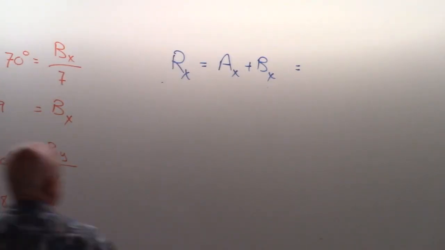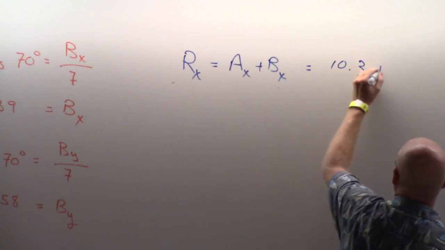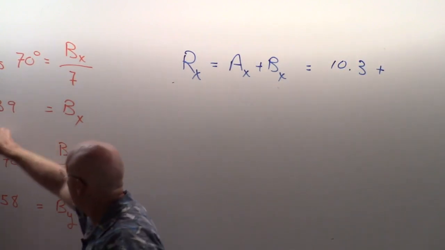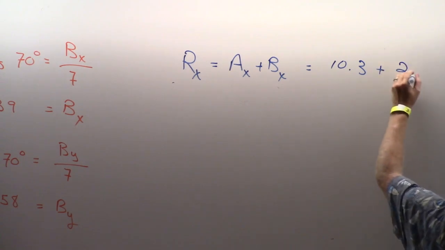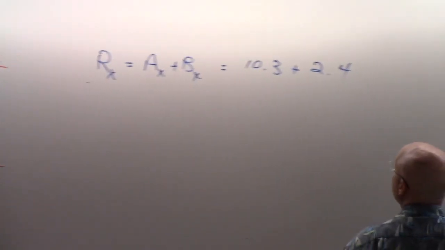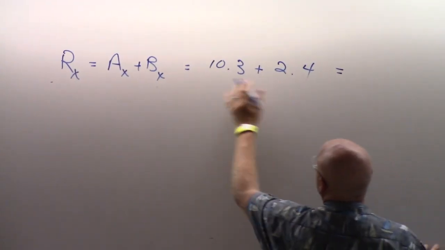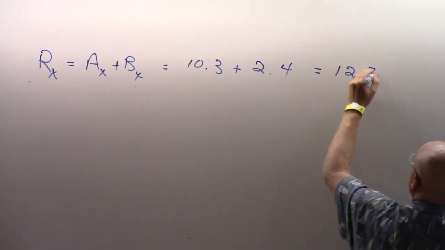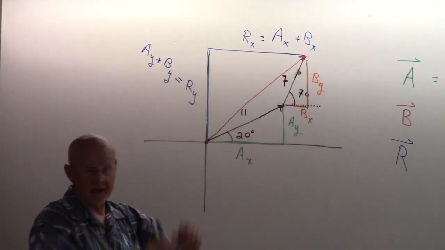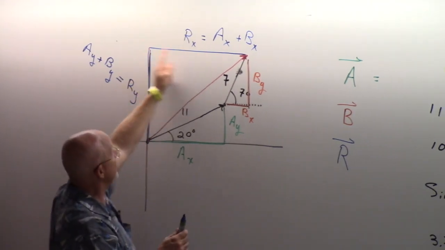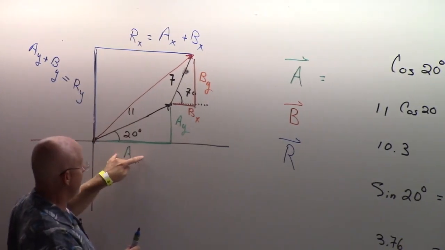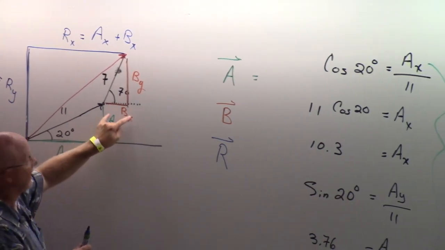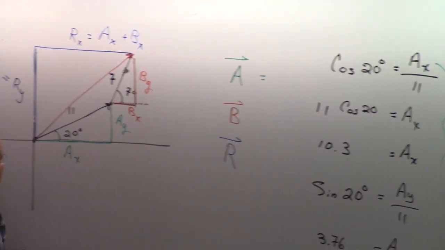The Ax, we said, was the 10.3 steps, and the Bx right here is 2.4, rounded. When I add these together, I get 12.7. So what I finally have learned is the total movement on the x-axis is 12.7. And that's this piece right here. It's a combination of the x for the first vector and the x for the second vector.